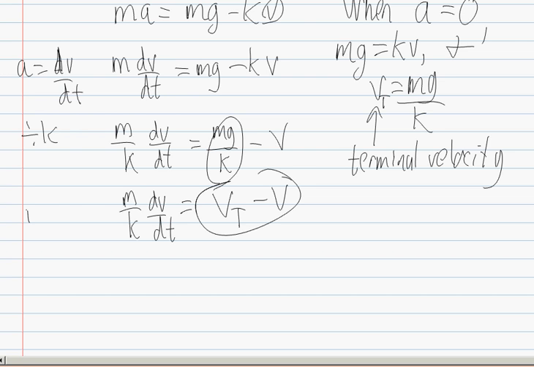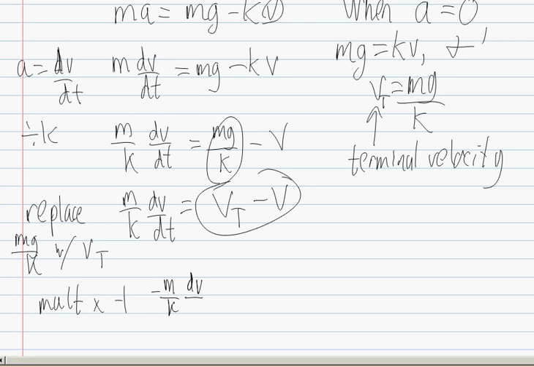And this is replacing mg over k with terminal velocity. So now I'm going to have negative m over k dv/dt equals v minus vt.